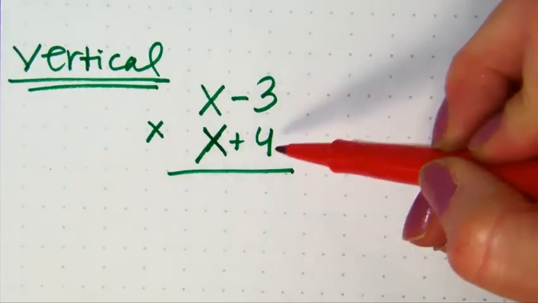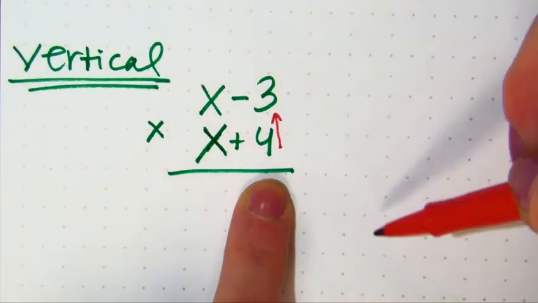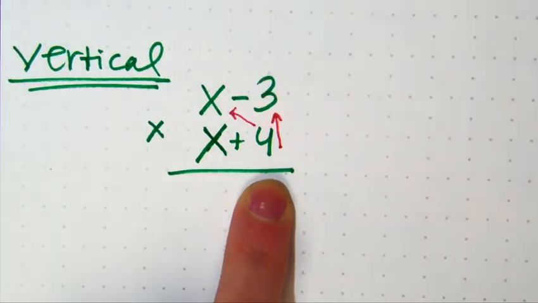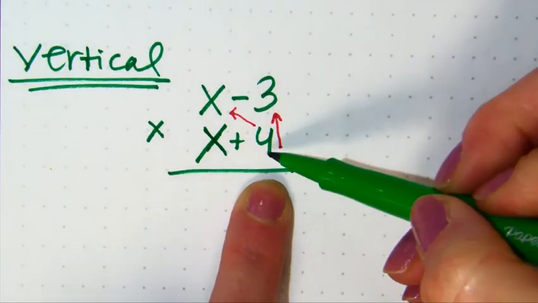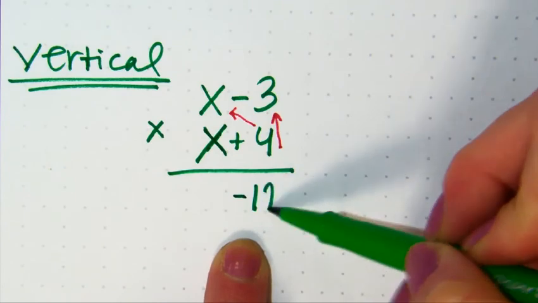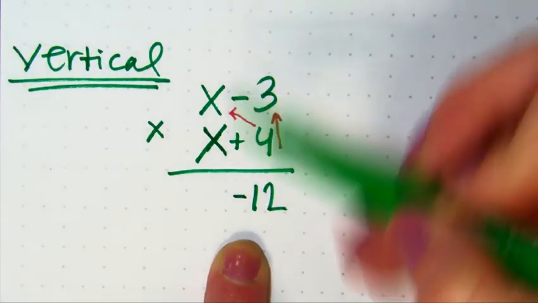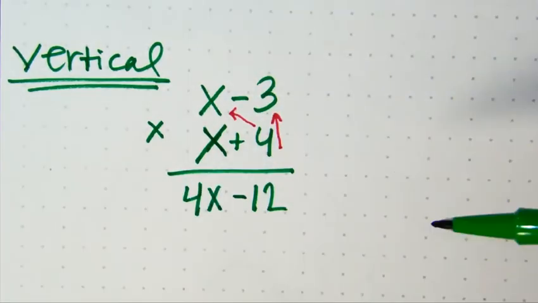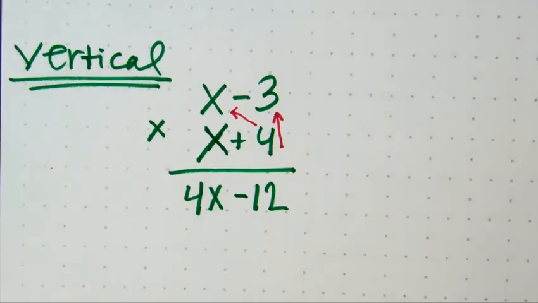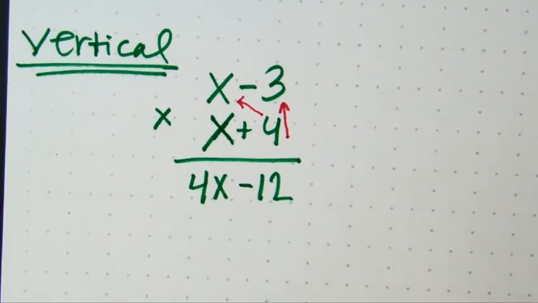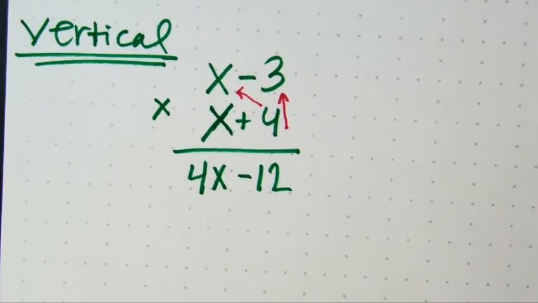So I would multiply 4 times -3 and then 4 times x, right? 4 times -3 is -12. 4 times x is 4x. No carrying. That's the only thing that's a little different. It's okay, you'll see it.